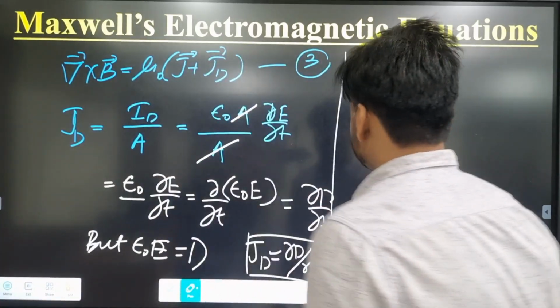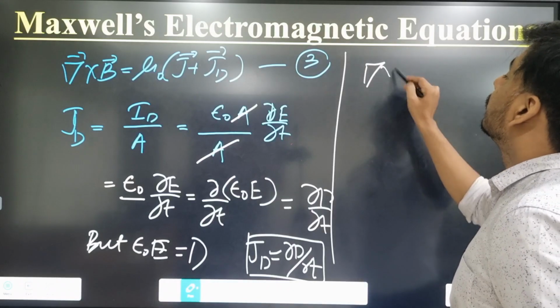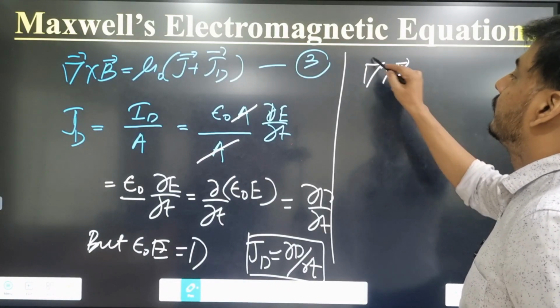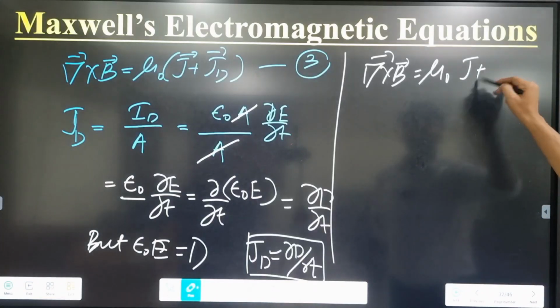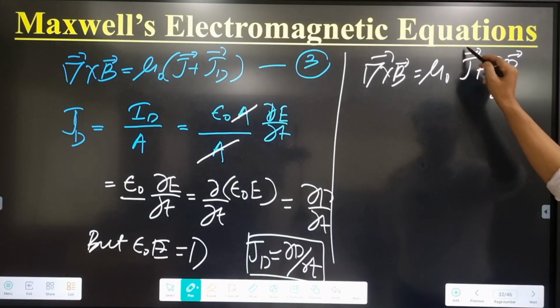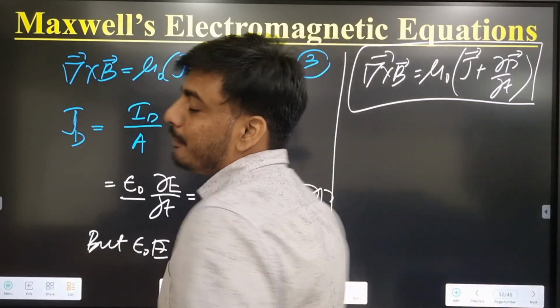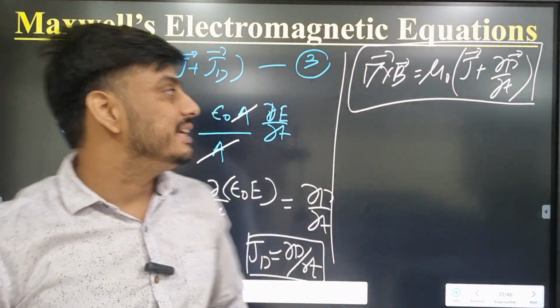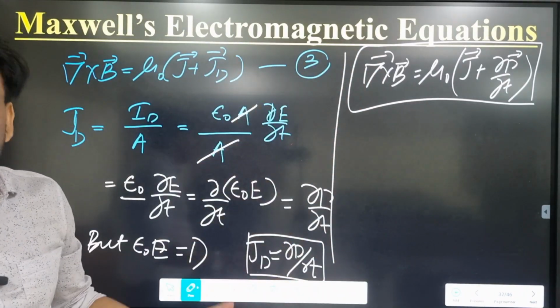Now we get our required solution, J_D equal to del D by del t, so we can write del cross B equal to mu naught (J plus del D by del t), where D is the electric displacement vector, mu naught is the permeability of free space, J is the conventional current density vector, and B is the magnetic field induction.